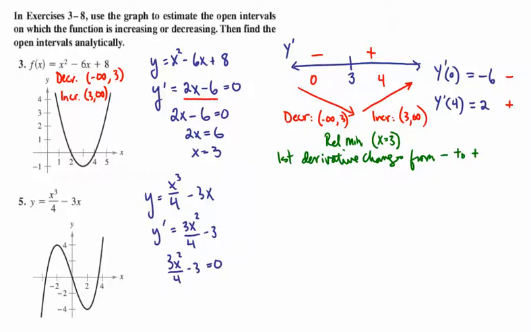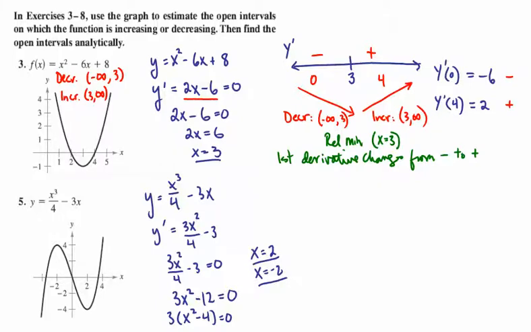We can multiply both sides through by 4, and we get 3x squared minus 12 equals 0. Factor out the 3. 3 times x squared minus 4 is 0, and we get x equals 2 and x equals negative 2 as our only critical values.